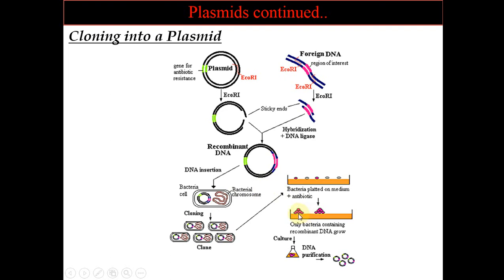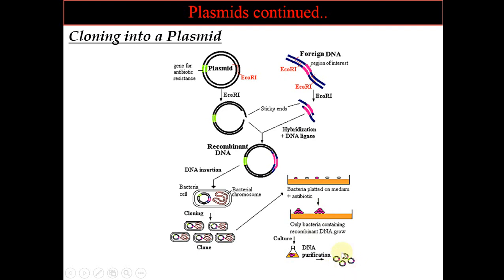a selection method using this marker gene. That's why this type of marker is known as a selectable marker, because this marker gene selects only transformants or allows only transformants to grow. Okay, then after their growth the DNA is purified, and then again the copies of DNA are extracted.